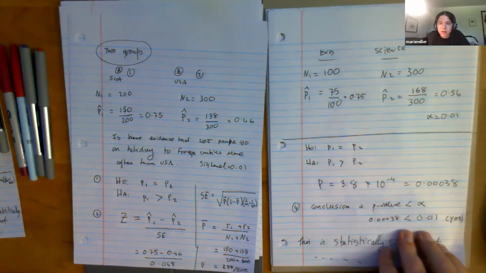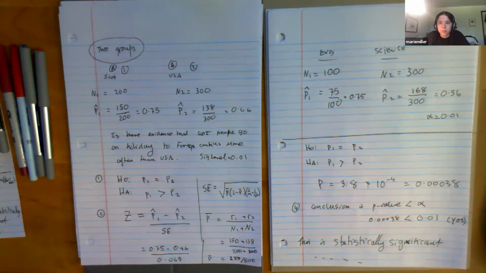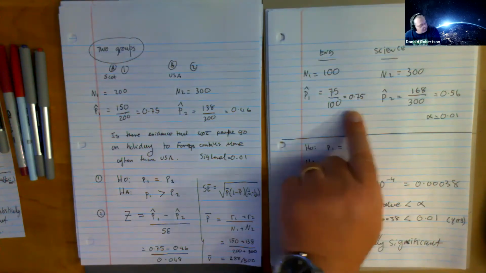I have a question. Yes. If the sample sizes of the two groups were the same, it wouldn't be necessary to go through this whole process, right? Because you could tell which proportion was greater than the other. Well, you'd still have to, because let's imagine both groups were 100. This could be 75 and this could be 56, right?